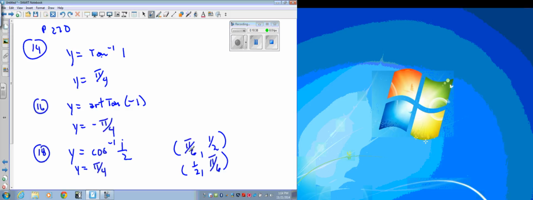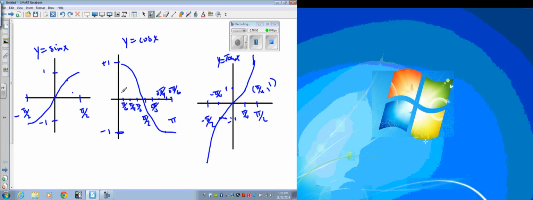Pi over 3. What I wrote, pi over 4 here, it's pi over 3. It's just pi over 3. That's where it's 1/2.